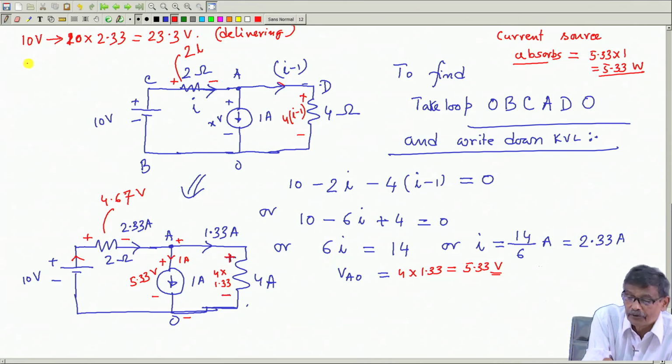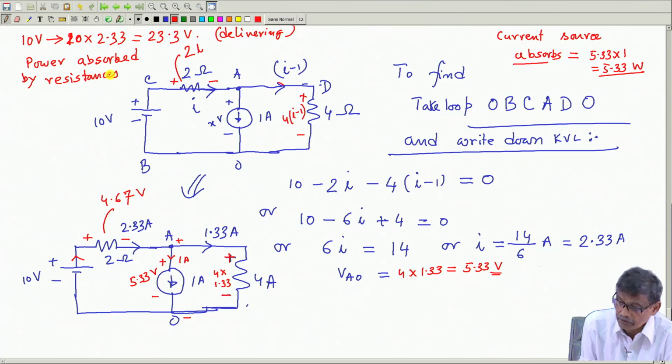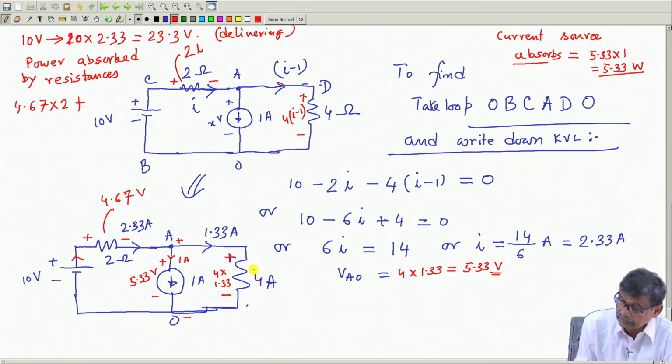So, power absorbed by resistances will be how much? 4.67 into 2.33, plus the power absorbed by this resistance, this is 4 ohm.